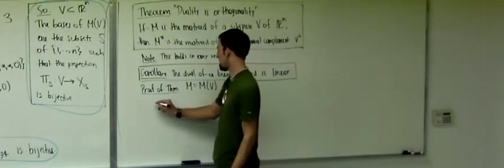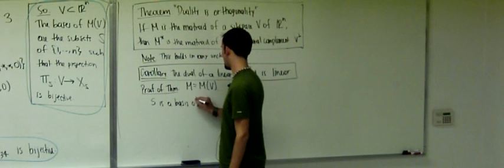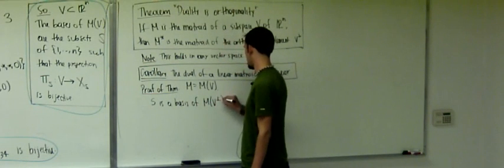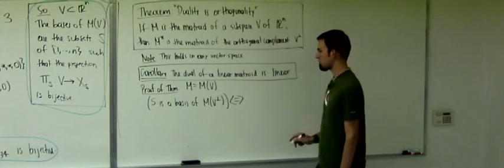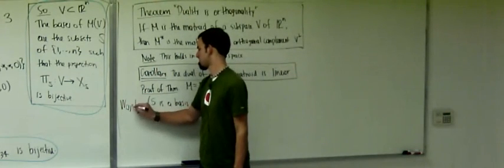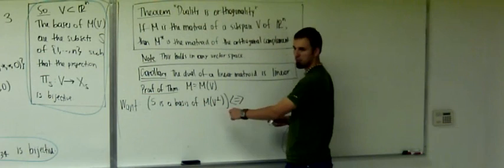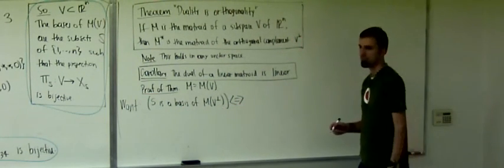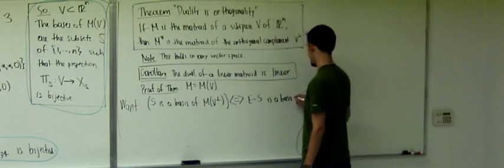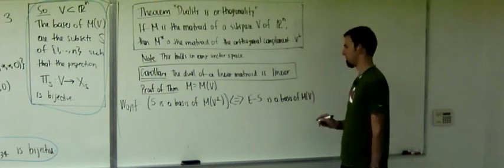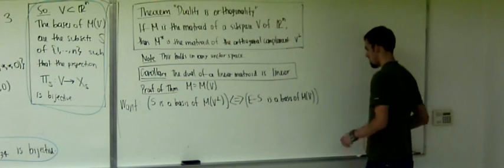So what I want to show is that a set S is a basis of M of V star if and only if it is a complement of a basis of M. In other words, if and only if the complement is a basis of M of V. Okay?